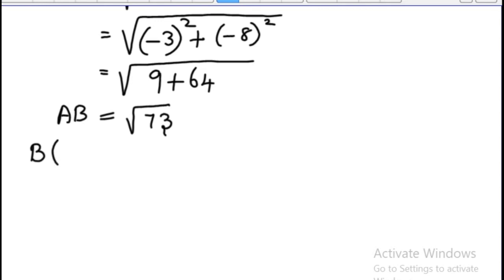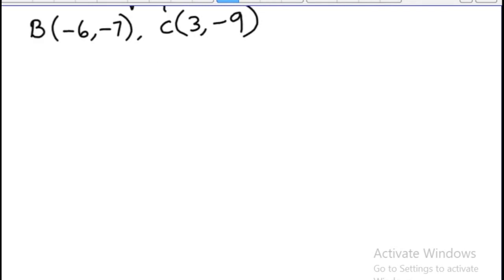Then next we want to find BC. B is (-6, -7) and C is (3, -9). The same way you can take it as x1 y1 x2 y2.